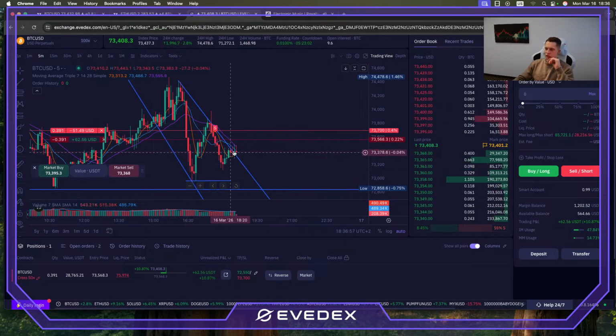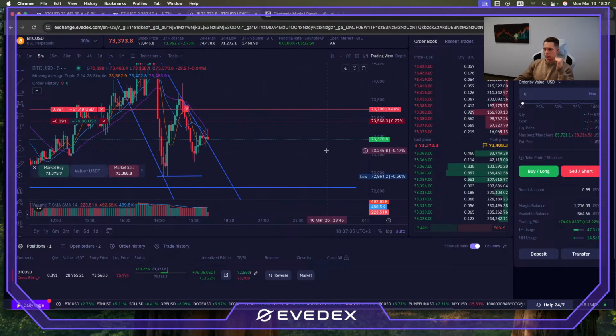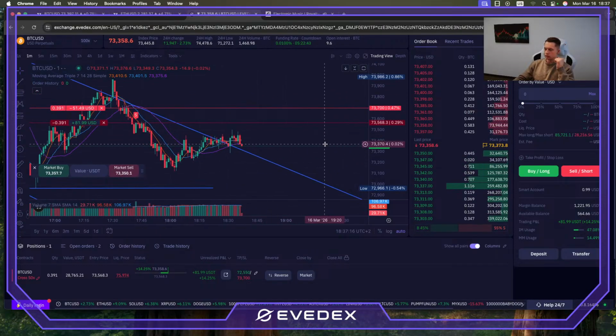So I feel like it's trying and trying, but it just doesn't have enough momentum. That could realistically signal a pretty strong move for that bearish trend continuation.